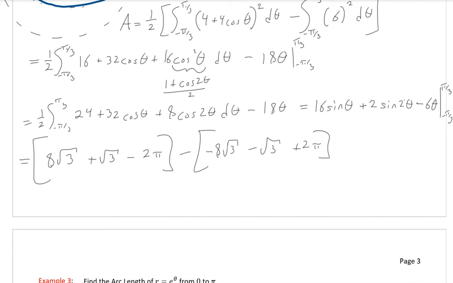Note that these do not cancel out. They actually combine together. So we have 8 root 3 plus root 3 is 9 root 3, and this will give us another 9 root 3, totaling to 18 root 3. And then we have minus 2 pi minus positive 2 pi, so that's overall minus 4 pi.